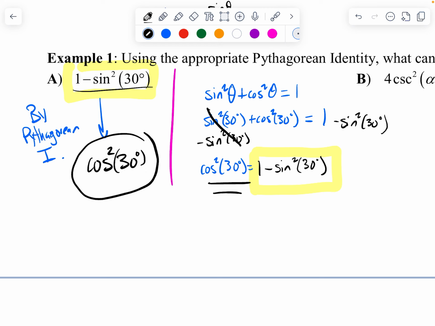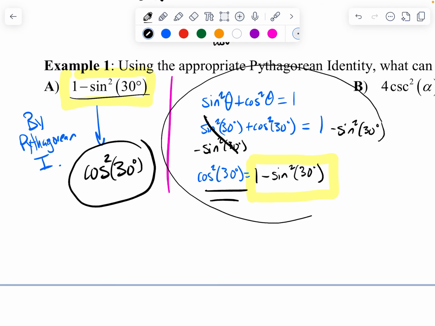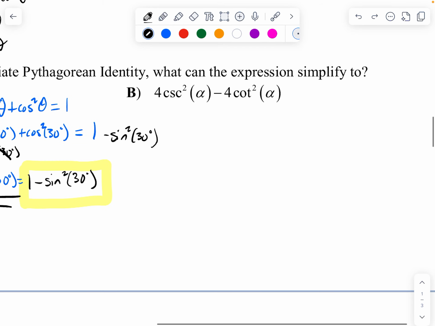That's your answer. So when we say using the Pythagorean identity, what can it simplify to? You're essentially going to take the identity, do some algebra to it, and move it around until we get the exact substitution for your expression and go from there. So that's the first example.